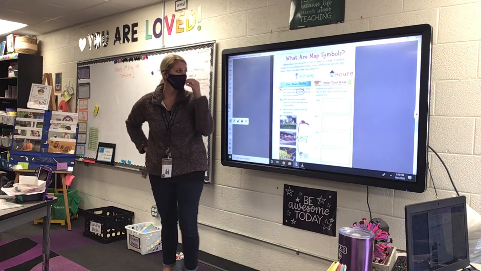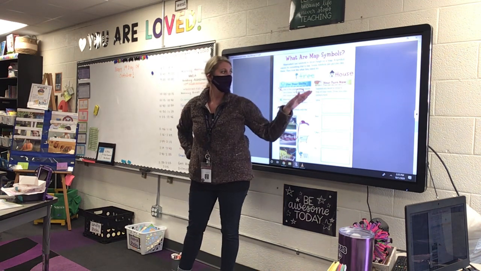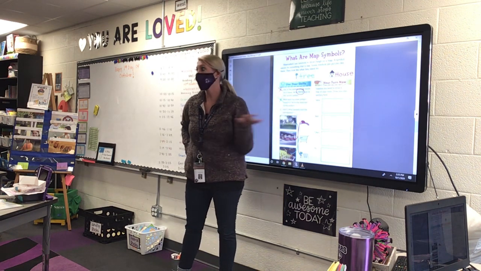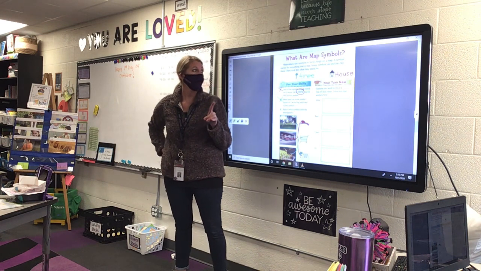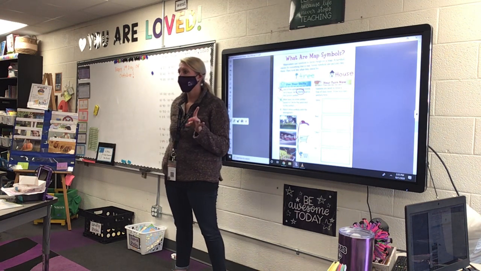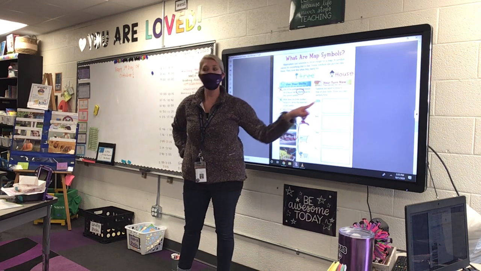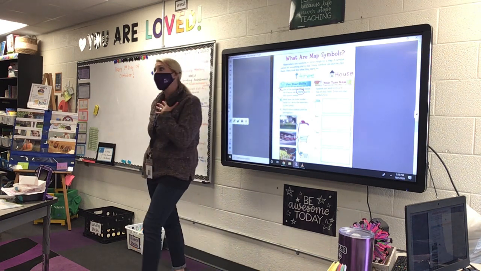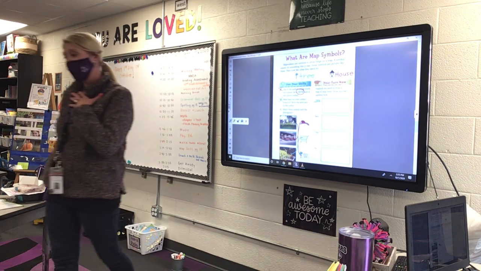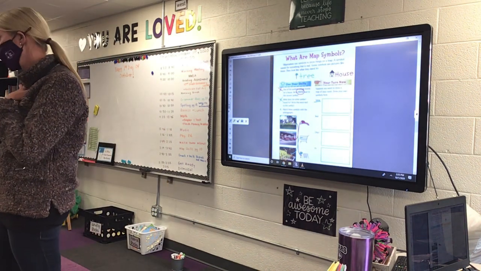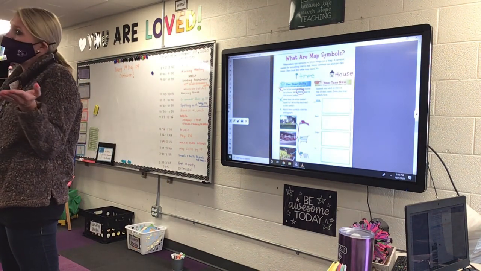The right side says, your turn. Suppose you want to draw a map of your room. Draw your own symbols here. So, the first symbol they want us to draw is a table. Now, I know I don't have a table in my room. You probably don't have a table in your room. You might, but you probably might not.